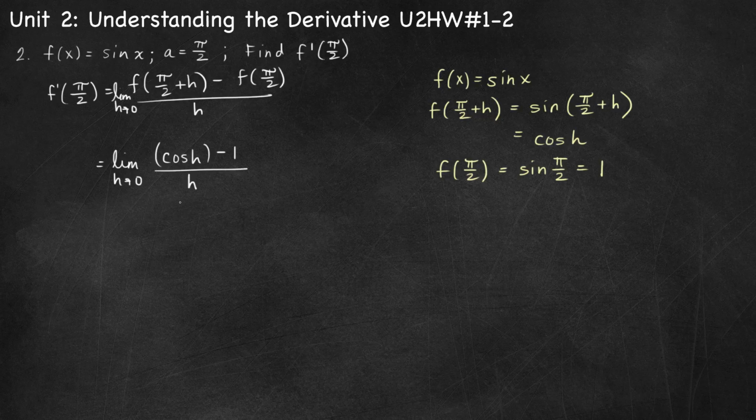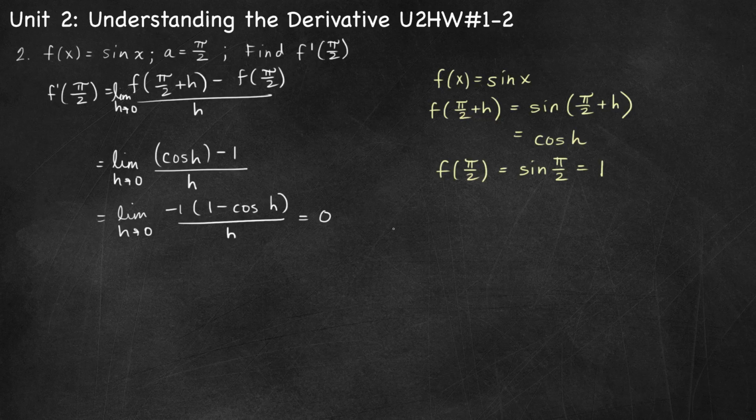Now this is one of our special trig limits, the limit of cosine h minus 1 over h. Or if you remember it as, if we factor negative 1 out of the top, that's 1 minus cosine h over h. But the 1 minus cosine h over h part of this product, that limit is going to approach 0. So negative 1 times 0 is still 0.